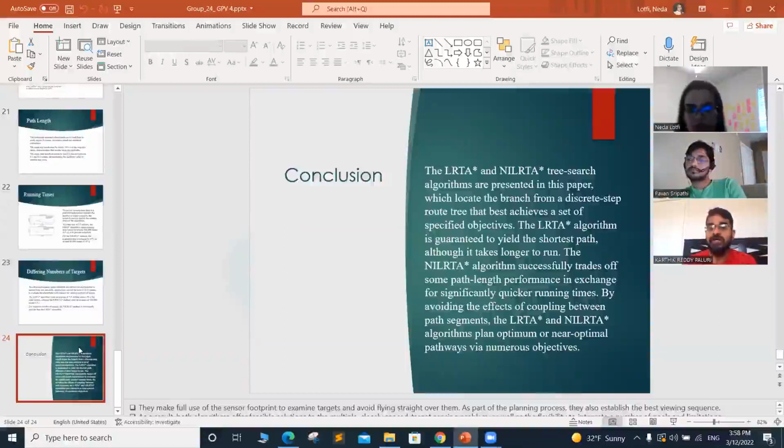The NLRTA algorithm successfully trades off path length performance in exchange for significantly quicker running time by avoiding the effects of coupling between path segments. The LRTA and NI-LRTA algorithms plan optimum or near optimal pathways in various objects.